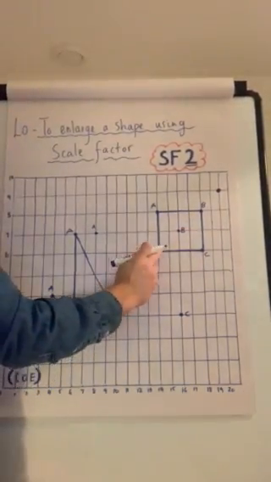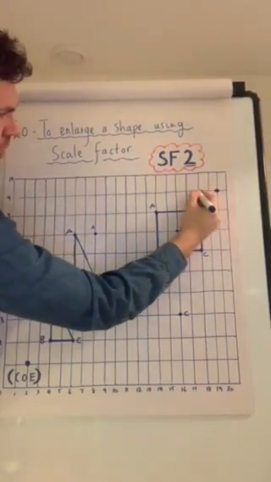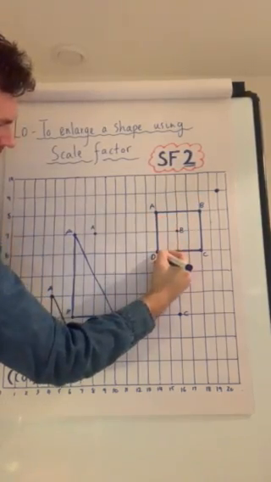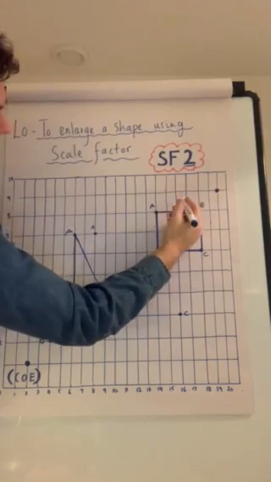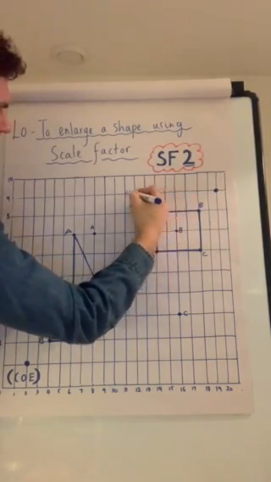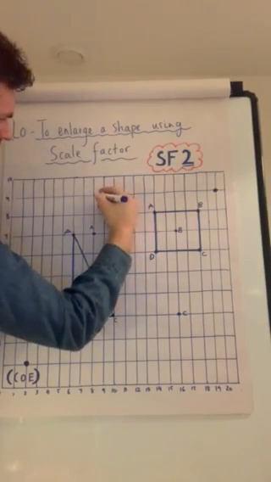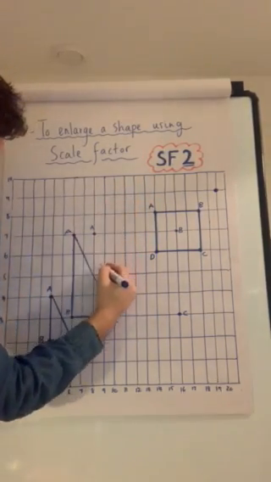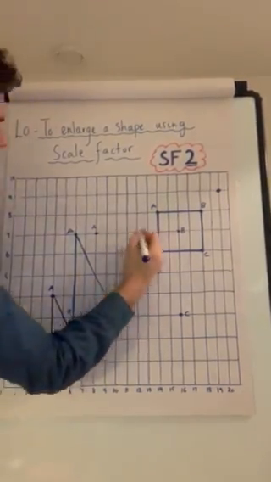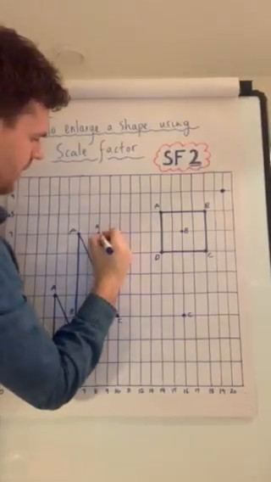And lastly, point D is 1, 2, 3, 4, 5, 6 across. 1, 2, 3 down. So that's going to be 12 across, 6 down. 1, 2, 3, 4, 5, 6, 7, 8, 9, 10, 11, 12. 1, 2, 3, 4, 5, 6. D. And then I'll get my ruler and I'll join them up.